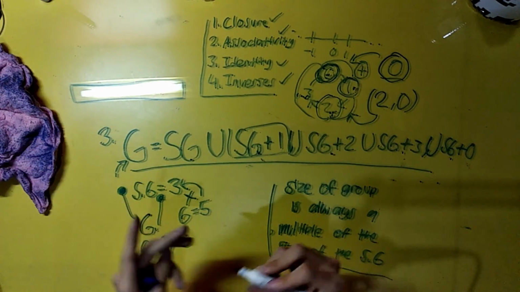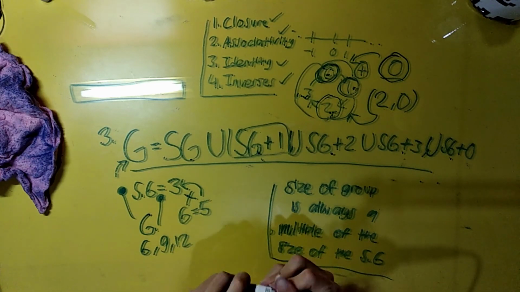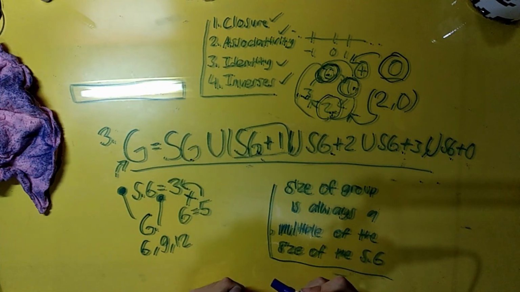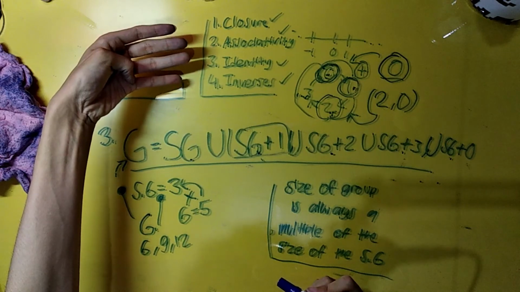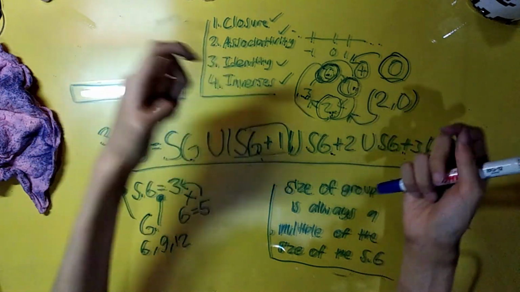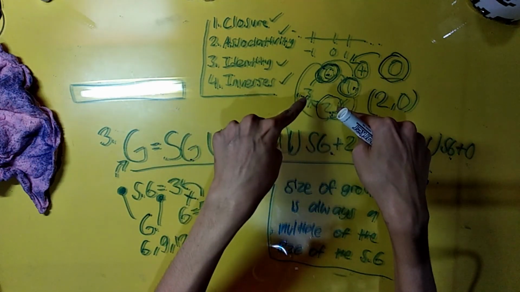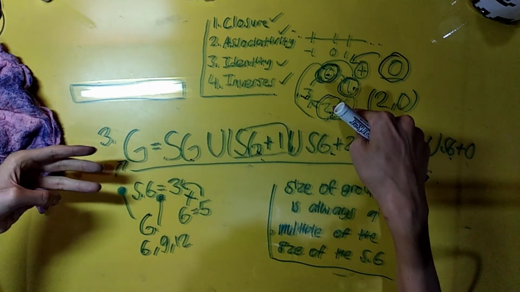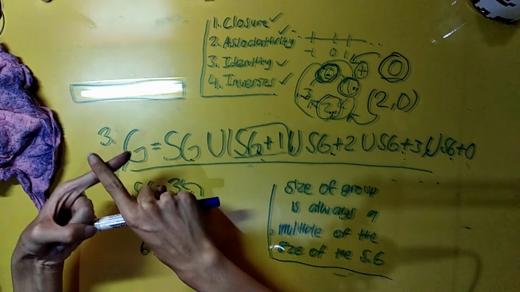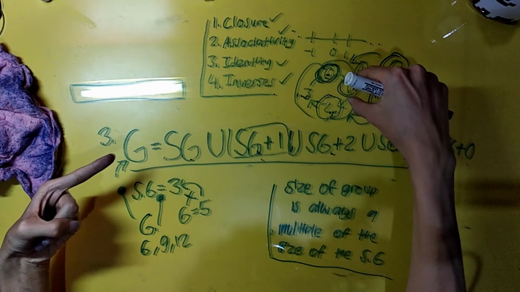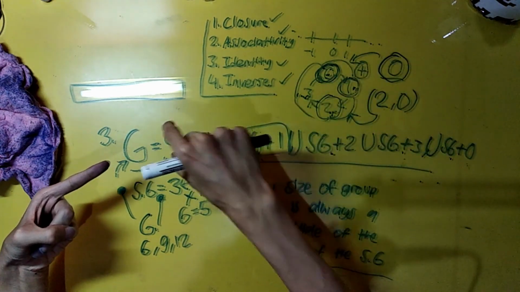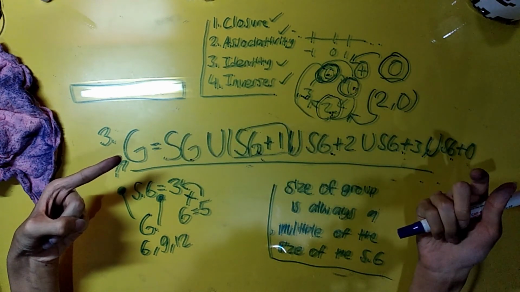So these are the 3 rules that groups have to follow. You use the 4 rules to identify what a group is. Once you have identified that this thing is a group, then you know that it follows these 3 properties. Number 1, you can create a group by picking an element from it, and you can repeatedly use the same binary operation again.